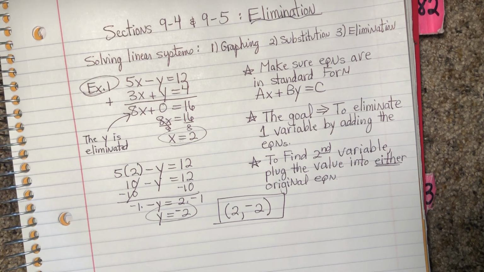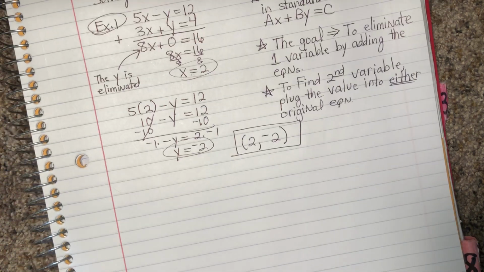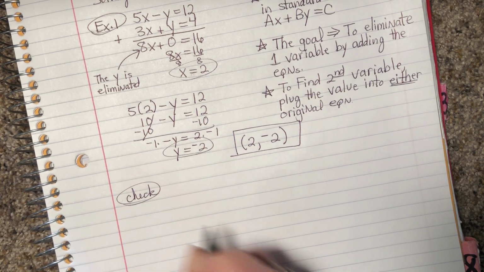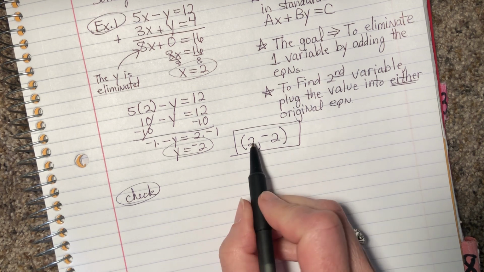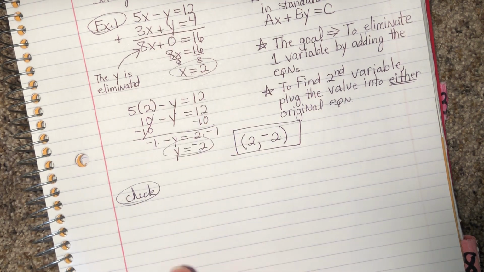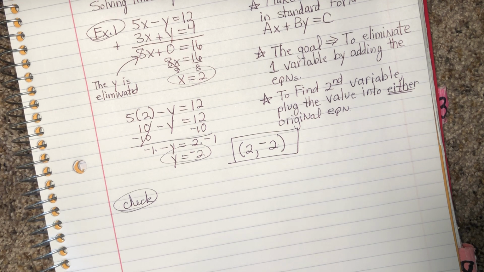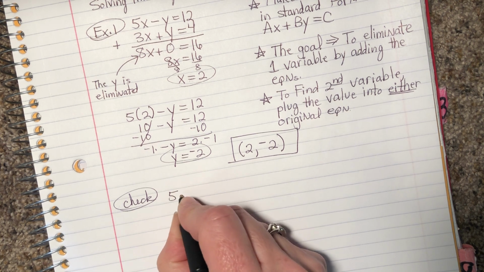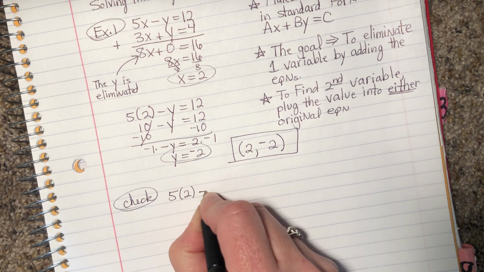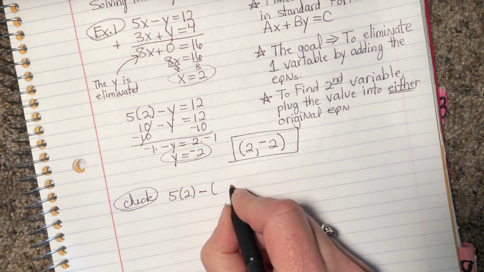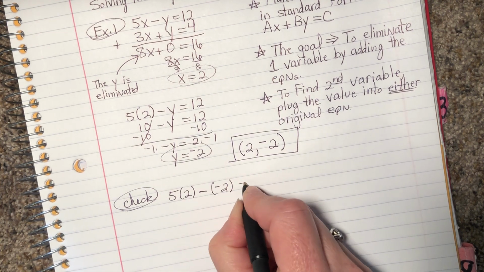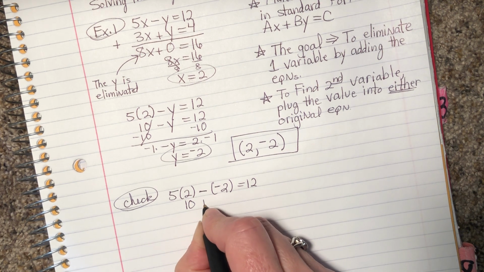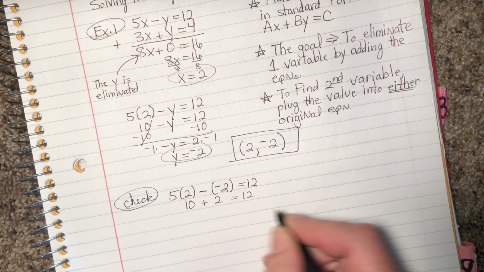And you could check. Let me do a check here. You're going to plug this point into both equations. It has to work in both equations. If it works in one and not the other, then that doesn't count. So let's plug it into the first one. 5 times 2 minus y, now the y is -2, equals 12. 10, this will be plus 2 is 12.